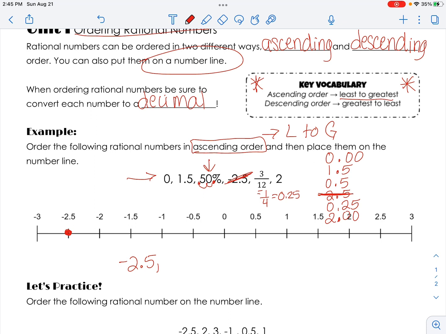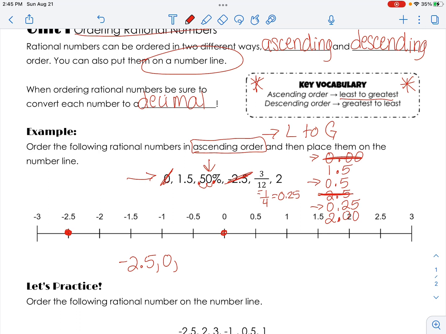The next number I have is 0, 1/2, and 25 hundredths. So which one comes first? 0, good job. I'm going to mark that out. And then what comes next? 25 hundredths or 1/2?